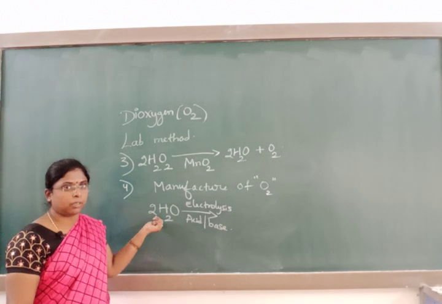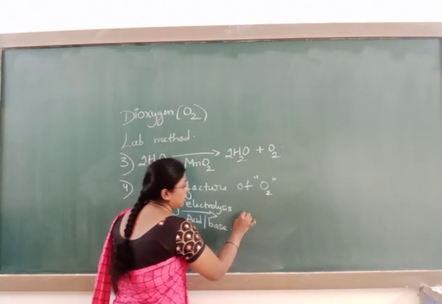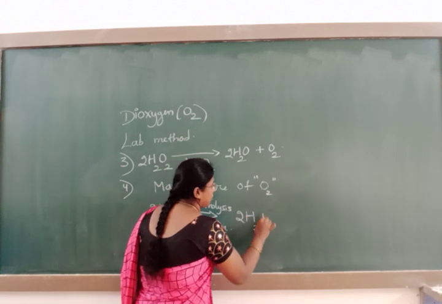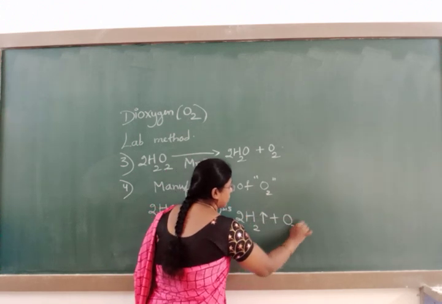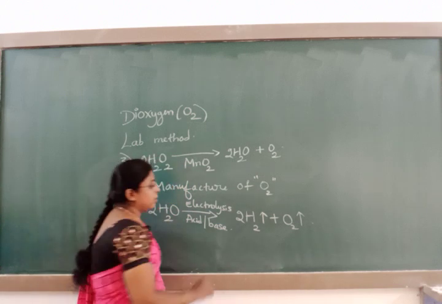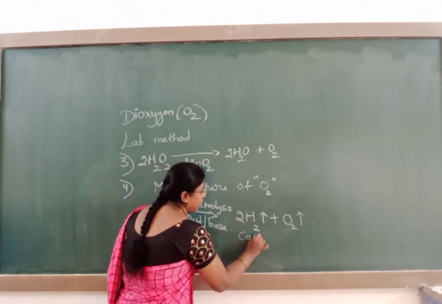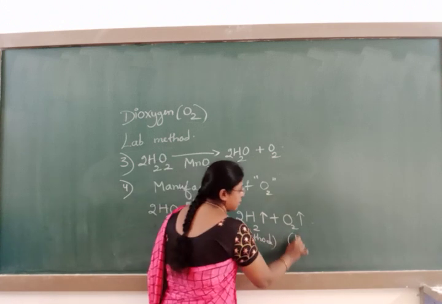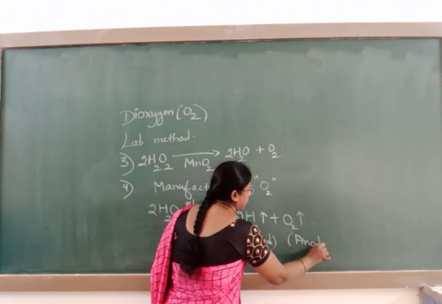Water gets electrolyzed to form hydrogen gas and dioxygen. Hydrogen gas is liberated at the cathode and oxygen gas at the anode.